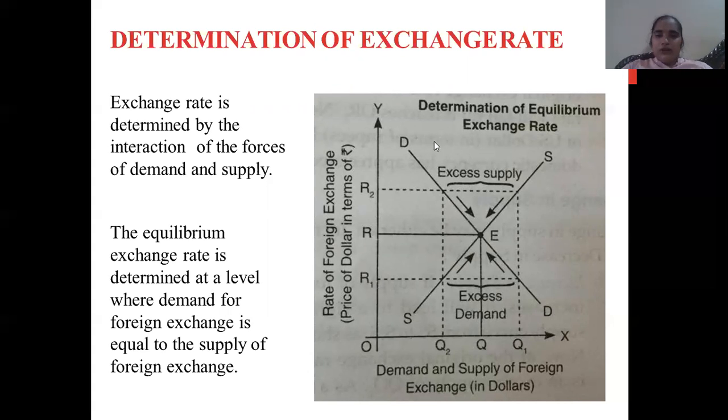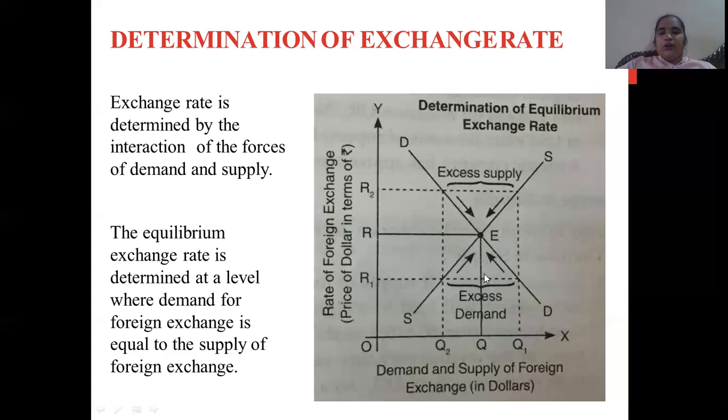Here we can see that the demand curve and the supply curve are both shown in one single diagram. They cut towards each other and meet at a point. This point, where demand is equal to supply, where the demand curve crosses the supply curve, we call E, and this is the equilibrium point. On this only we determine the price of the currency.